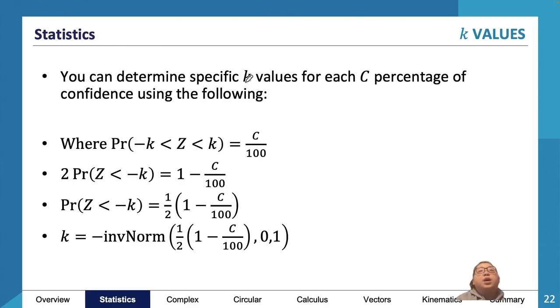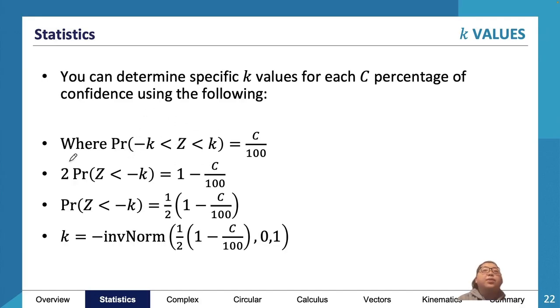Okay, so we can use specific k values. What you want to do is rearrange your function. From negative k to k equals a certain percentage. All it's saying is that a certain percentage of your area falls between a certain number of standard deviations, and that's exactly what you're doing. You're saying 95% of my values are going to fall from here to here, so our unknown k values.